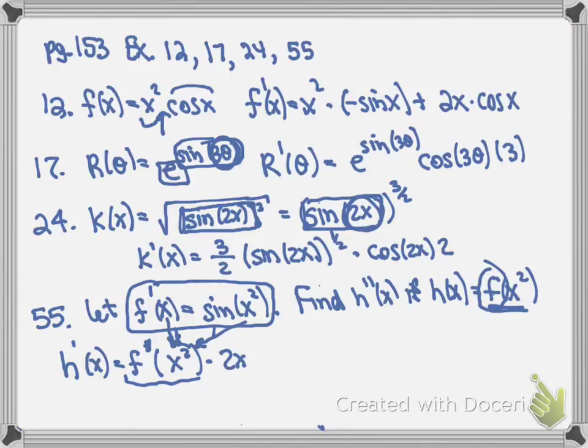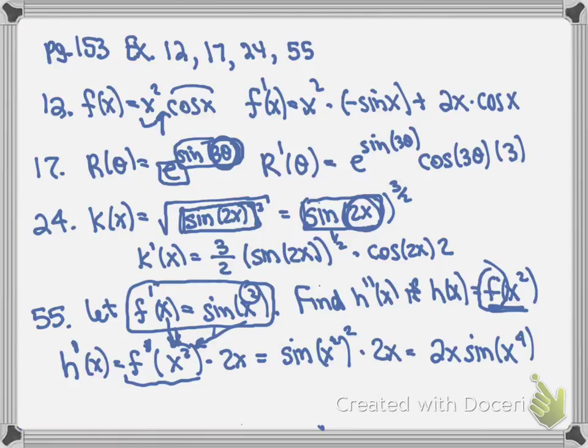So this is sine of x squared times 2x. Or, the same thing as saying 2x sine of x to the fourth, because when you take a square to a square, you combine the exponents by multiplying. So this expression is actually h prime.